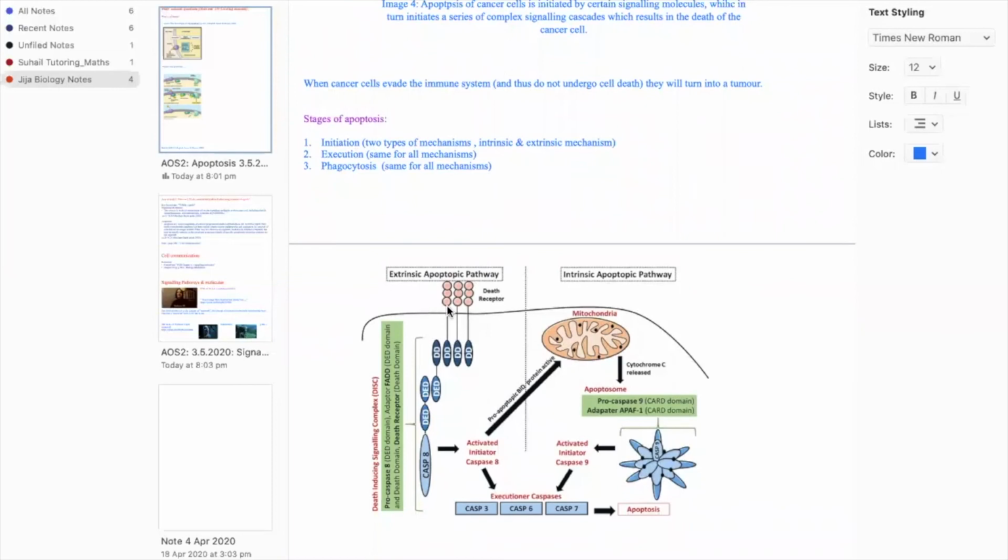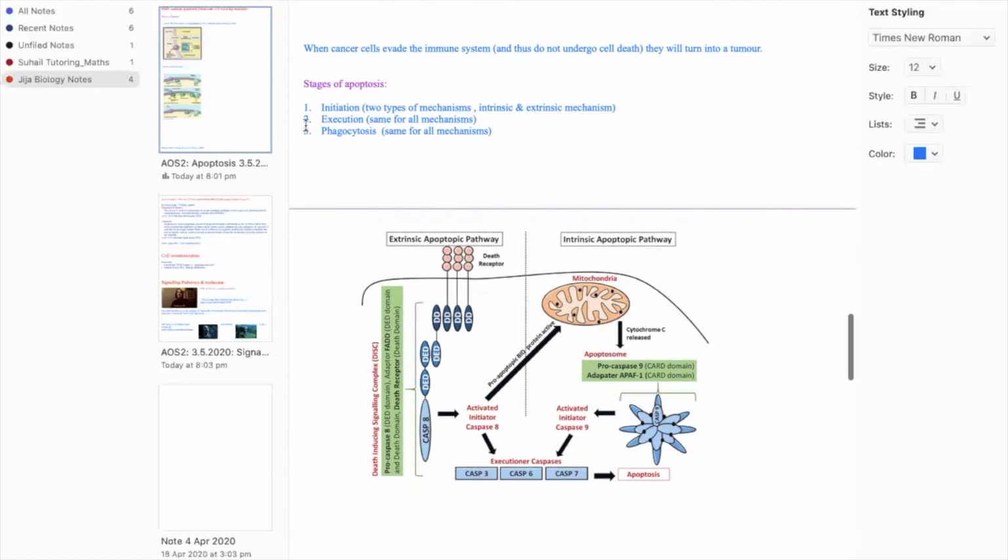With the extrinsic apoptotic pathway, a signaling molecule binds onto a death receptor on the cell, signal transduction occurs within the cell, and this activates a series of pathways, goes to the mitochondria, and the cell will then die. Again, we have intrinsic apoptotic pathways, and it occurs when there isn't a death receptor on the cell membrane.